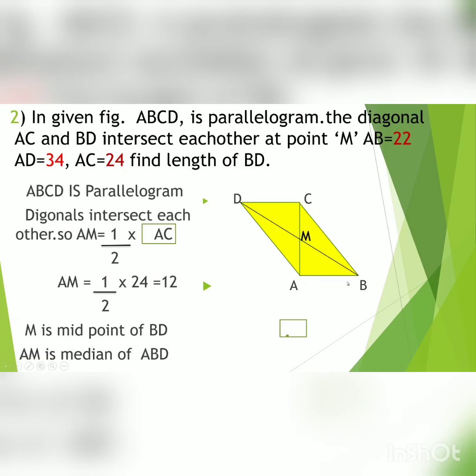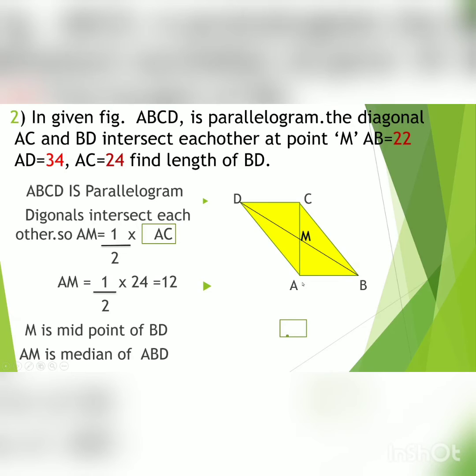So in triangle ABD you can apply Apollonius theorem, because AD is given 34, AB is given 22. Means in triangle ABD, AB is given 22, AD is given 34, and AM is a median.